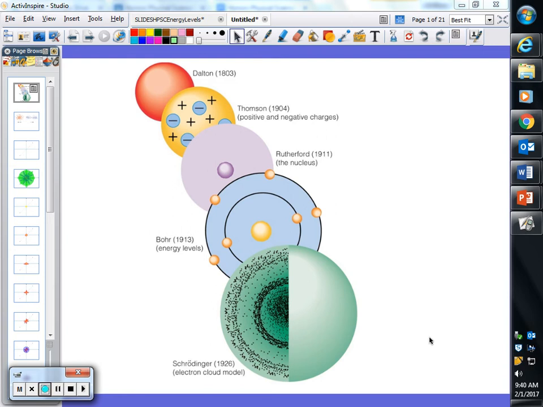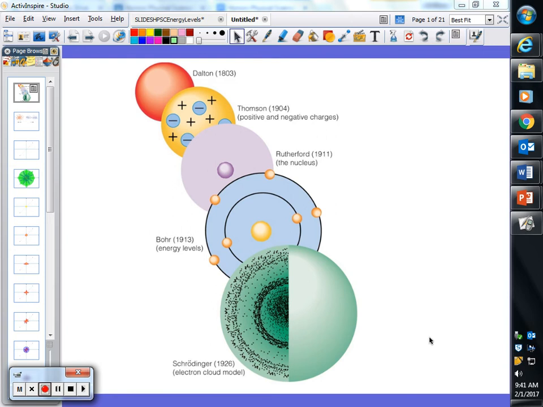All right. So, Frank, we can't know exact locations, but what did Schrodinger do for us? Okay, not defined. Good, all right? So, we don't have defined spaces, but we do have areas of high probability, all right? And we refer to those areas of high probability as high electron density.